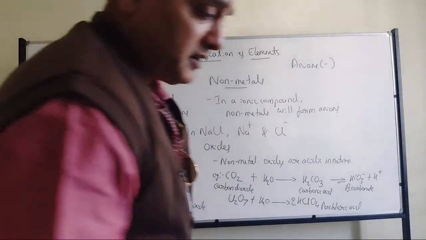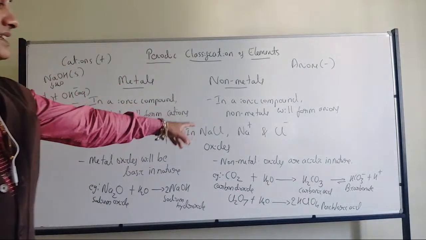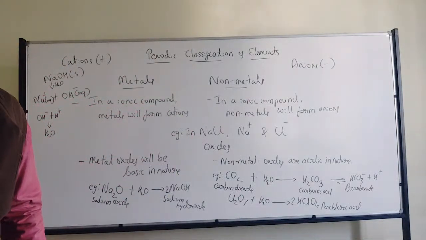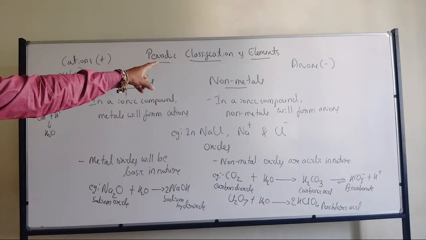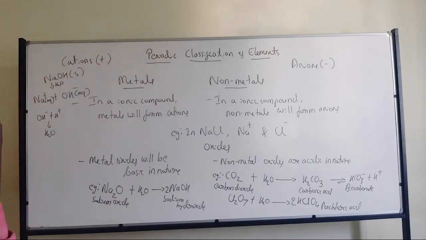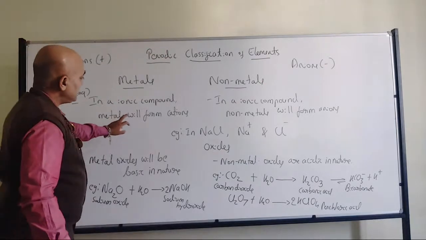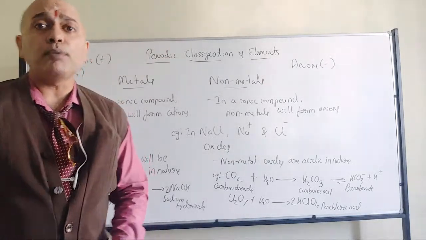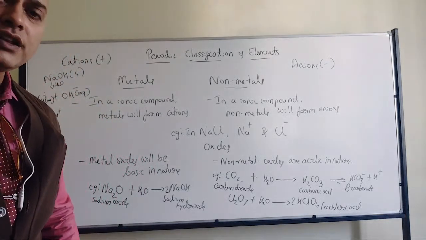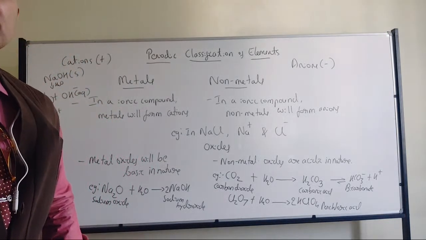So non-metal oxides are called acidic oxides. Another important difference between metal and non-metal is in their compounds. One difference is here, another difference is here with respect to compounds. Fine, all of you have understood? Any doubts in this?